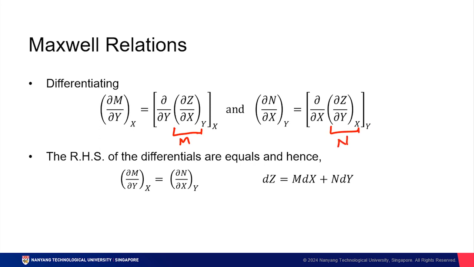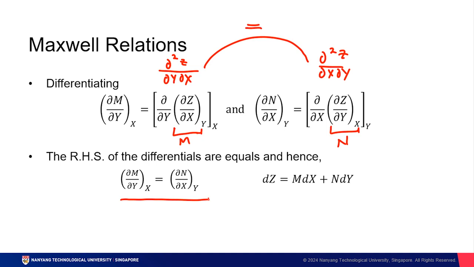When doing your second order differential, you will notice that this works out to d squared z dy dx, and this also works out to d squared z dx dy. Notice that these two terms are equal, and hence the right-hand side of the differentials are equal.